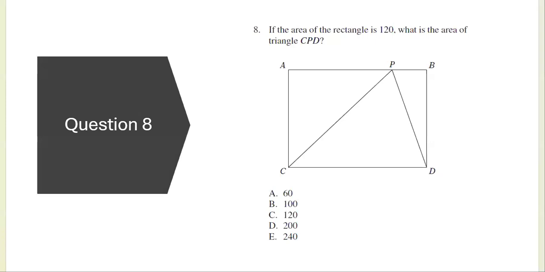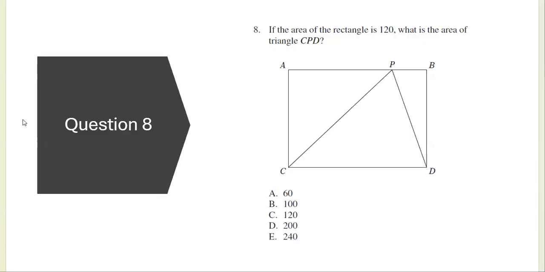Question 8. If the area of the rectangle is 120, what is the area of triangle CPD? Okay, this one's actually really easy if we understand some concepts. The area of a rectangle is the base times the height.